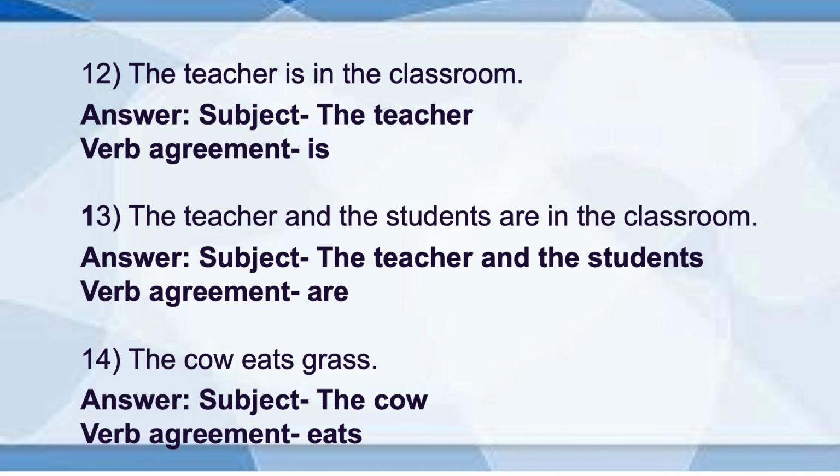Now, I am sure all of you can easily identify the subject. The subject is the teacher. And what will be the verb agreement in this particular case? It would be is.